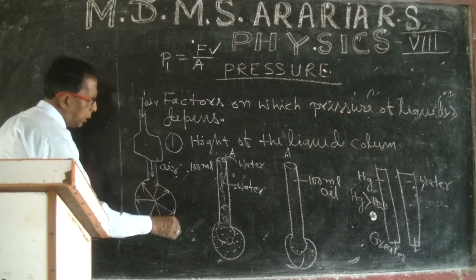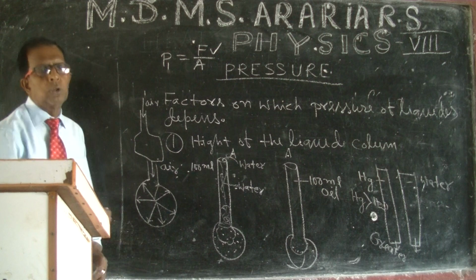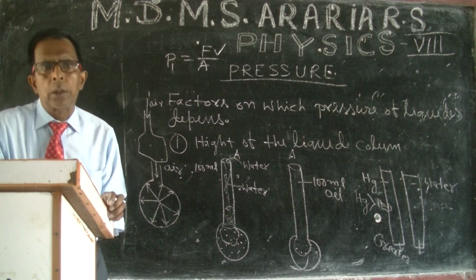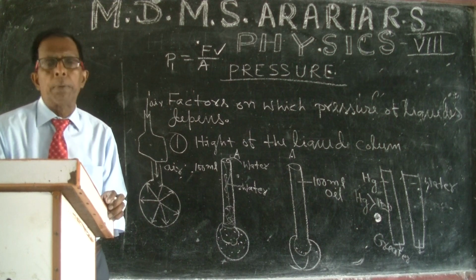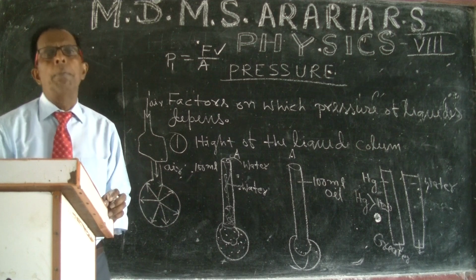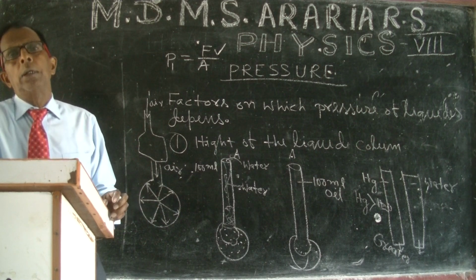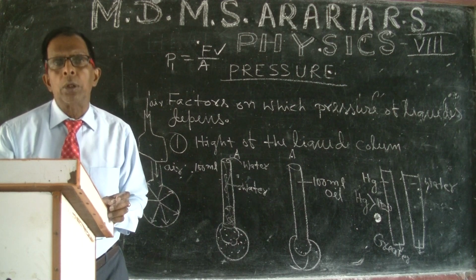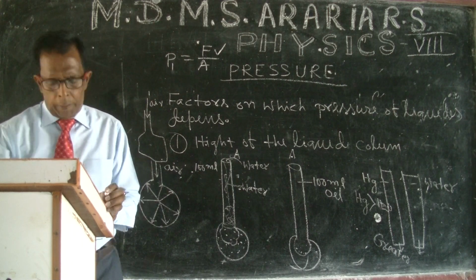So the shape of the balloon is uniform, and so we can say that gas also exerts pressure on the contact surface at each and every point and in each and every possible direction.